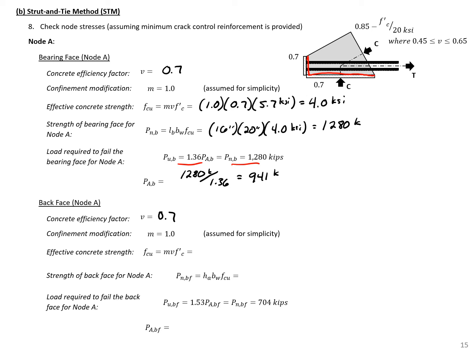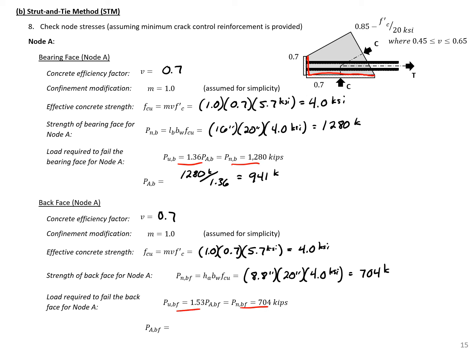Next, we can do the same thing with the back face. So our F sub CU, our effective concrete strength, will be the same. 1.0, 0.7 times 5.7 KSI, which will be 4.0 KSI. And then the strength of the back face is going to be the height of the back face, which we found to be 8.8 inches, times 20 inches, times 4.0 KSI, which will give us a value here of 704 kips.